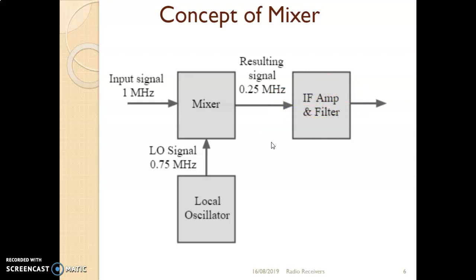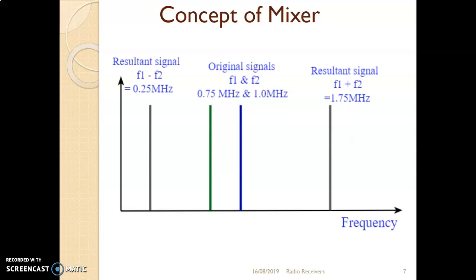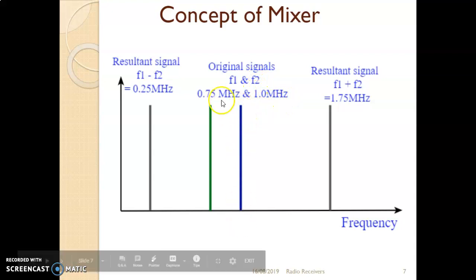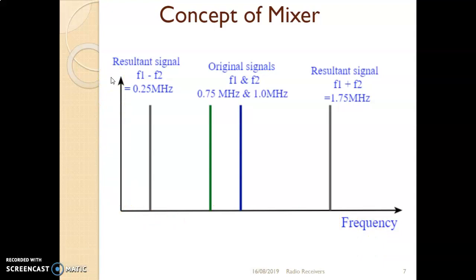Now let us plot the spectrum of the example we have just taken. F1 has a frequency of 0.75 megahertz and F2 has a frequency of 1 megahertz. These are the two lines corresponding to the two frequencies. Since this is a frequency spectrum, the x-axis is frequency and the y-axis can be amplitude, voltage, or power. If you remember, we show a sine wave or any frequency component by a vertical line.